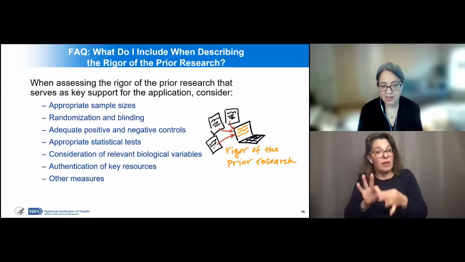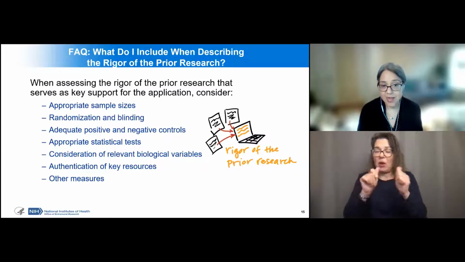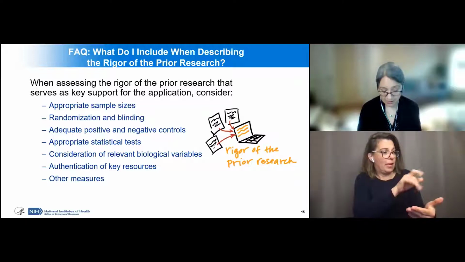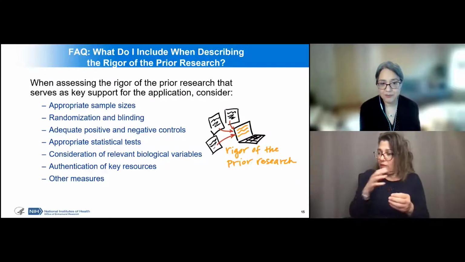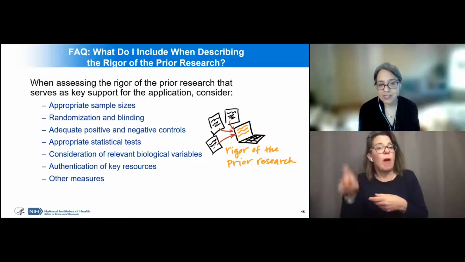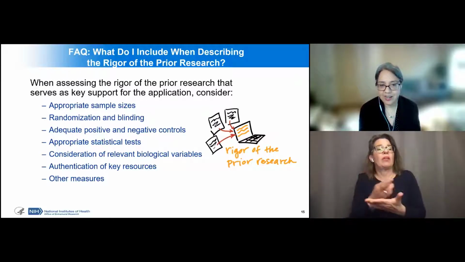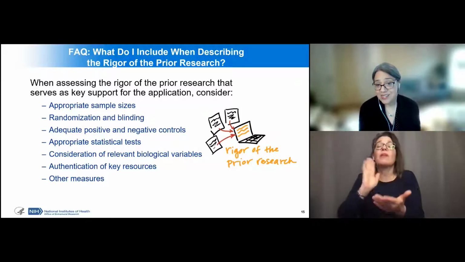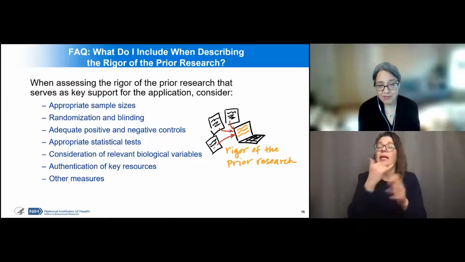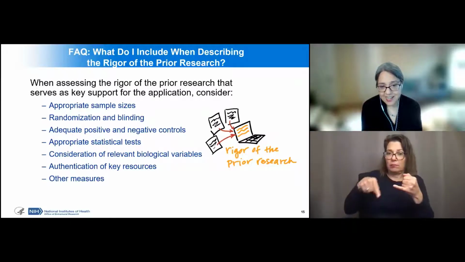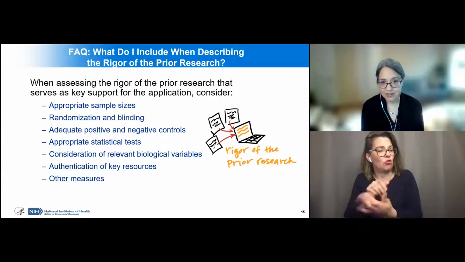So maybe they did all of the studies in male mice, and maybe they should have also looked in female mice as well. Authentication of key resources, for instance, if previous studies used a misidentified cell line, that could be considered a weakness, and then you might want to address that in the approach.